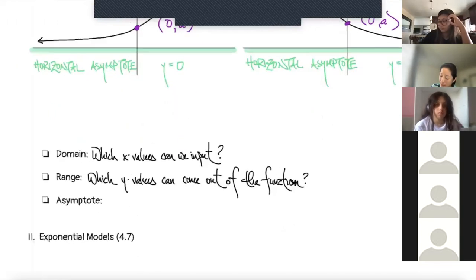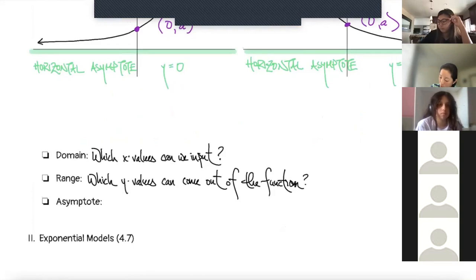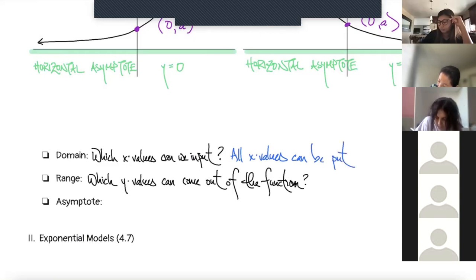So what we're going to say for our domain is that all x values can be put into the function. All right. In words, that is literally what we're saying. All x values can be put into the function.